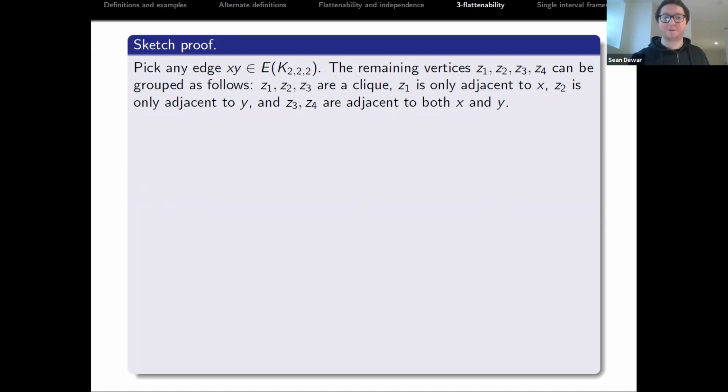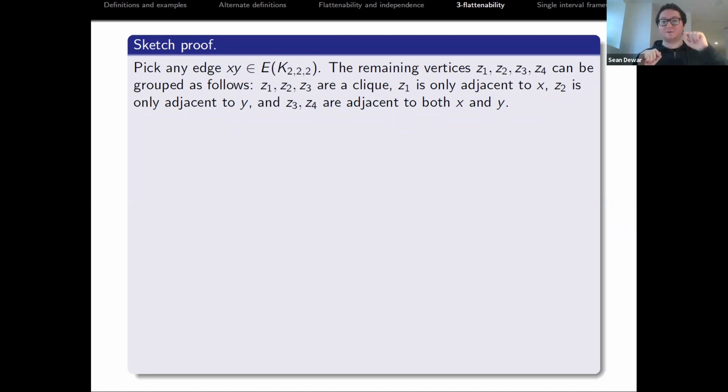Okay, so to prove this, we're going to pick an edge of our octahedron graph. And then the remaining 4 vertices can be basically grouped, as I said. So we picked any edge. Then the last 4 vertices, Z1, Z2, Z3, Z4: we're going to have that Z1, Z2, and Z3 are a clique, so they form a triangle.